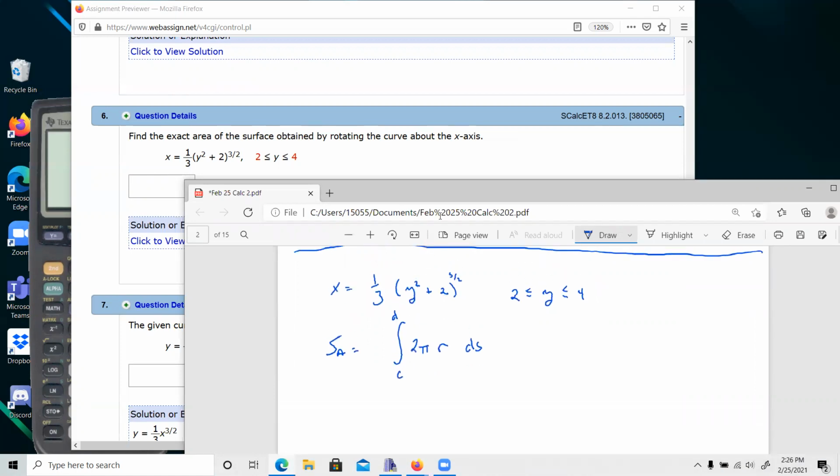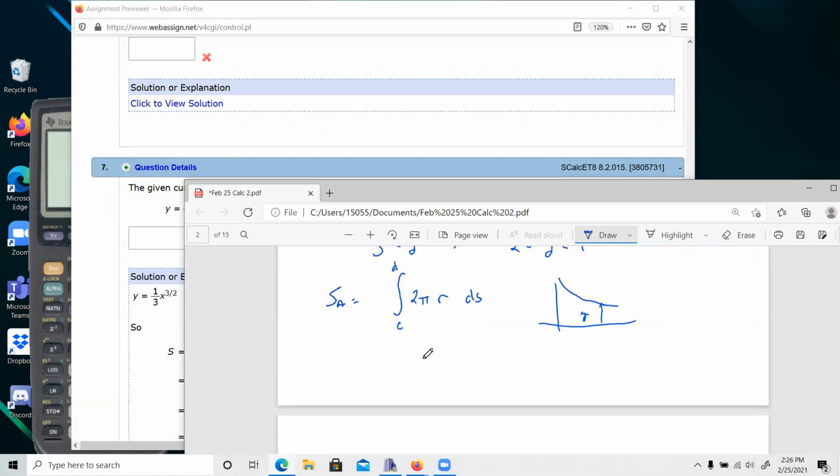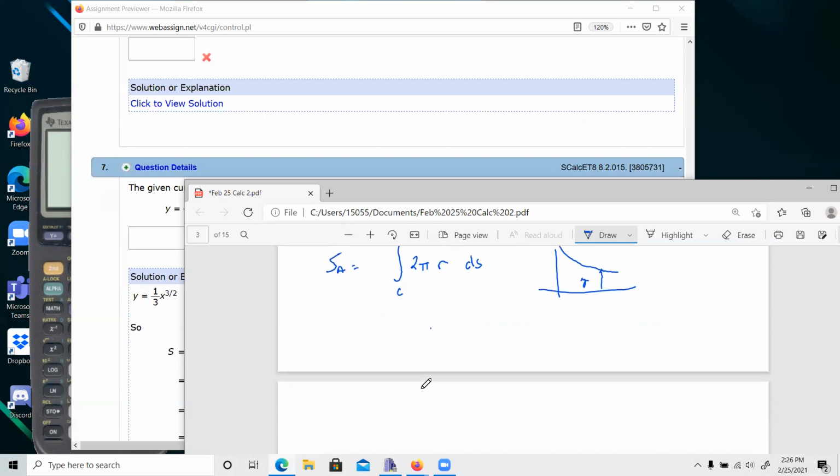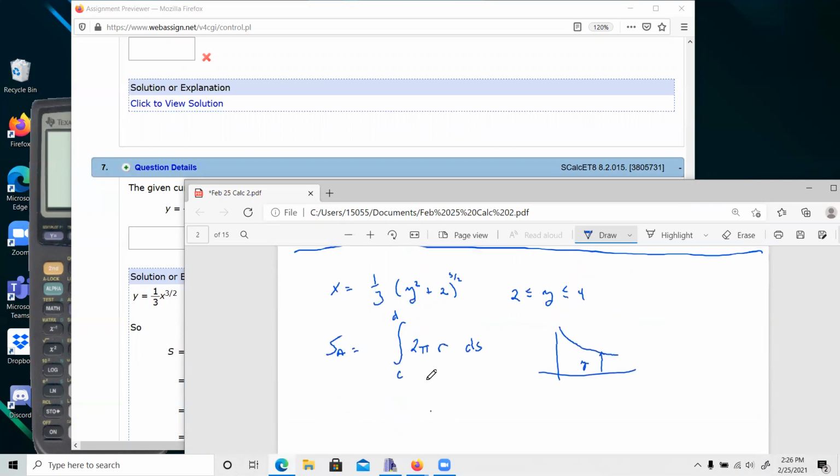But remember, we're going around the x-axis, so r is simply the distance from the axis to that curve. This is y. So instead of trying to deal with a function, we're just going to call this y. So my surface area is the integral from C to D of 2 pi, this is the radius, times its little surface area.